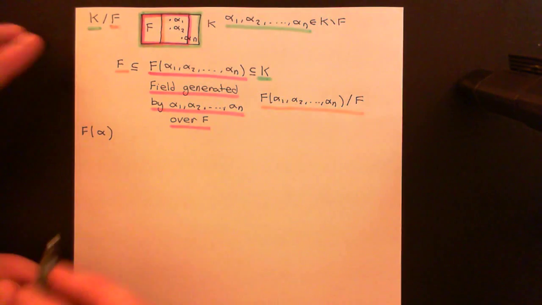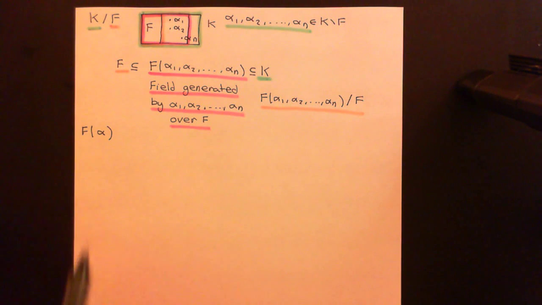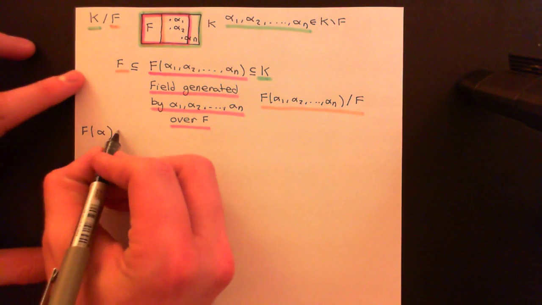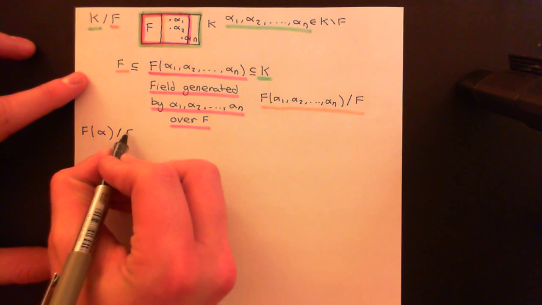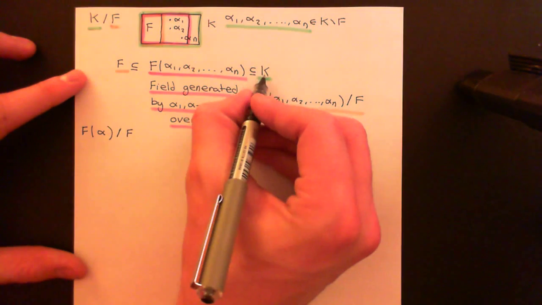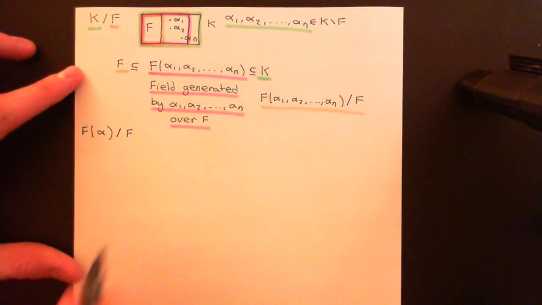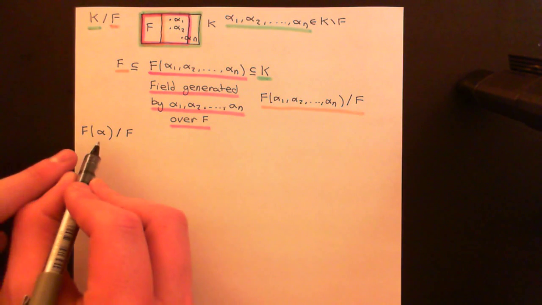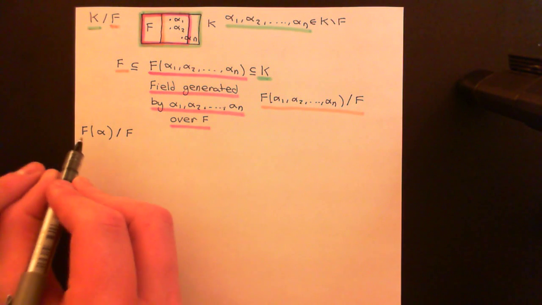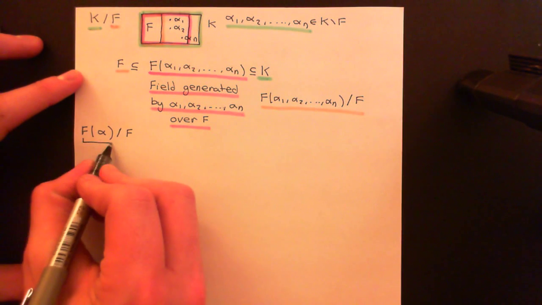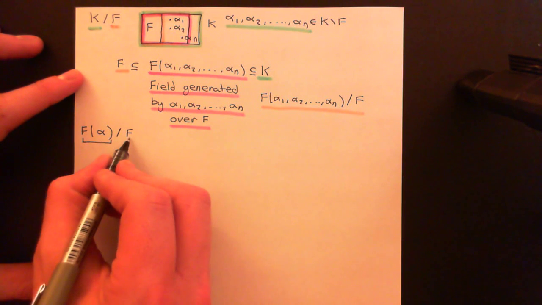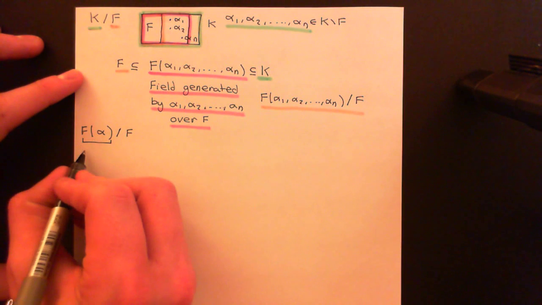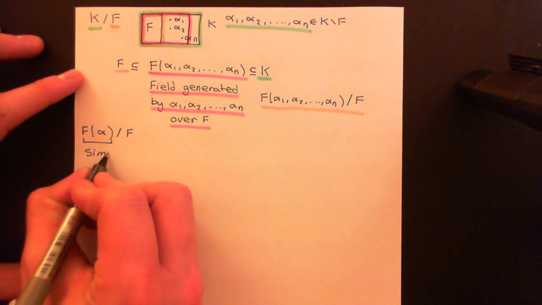So this is the field generated by this element alpha over F, and this is going to be a field extension of the field F, and it itself will be a subfield of the larger field capital K. Now, if this field extension of F is generated by a single element, alpha, then we call it a simple extension.